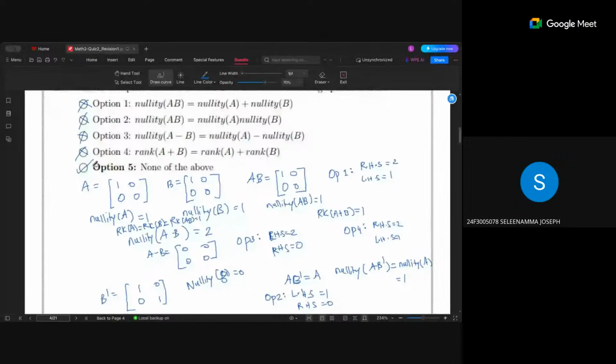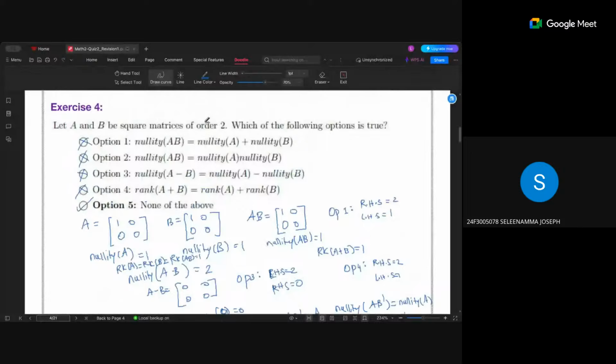Ma'am, we are finding nullity of AB, and AB is a matrix of the same order. We are taking it 2 by 2. It cannot exceed 2 by 2. Nullity of AB cannot be equal to nullity of A into nullity of B in every case.